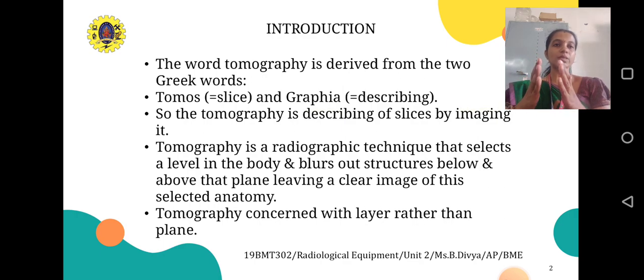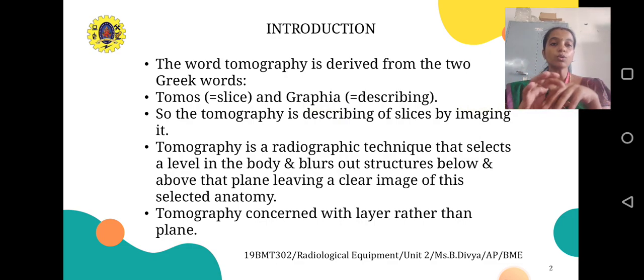For example, if the intestine is to be scanned, the lungs and the abdomen part will be blurred out, and only the clear images of the selected intestine will be selected, and the images will be very clear.